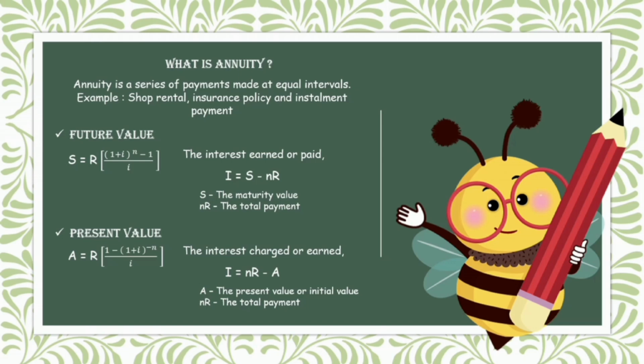The interest charged or earned I equals nR minus A. I is the interest, A is the present value or initial value, and nR is the total payment.